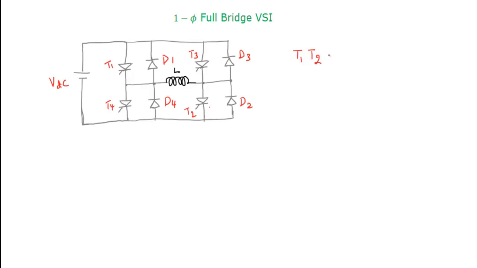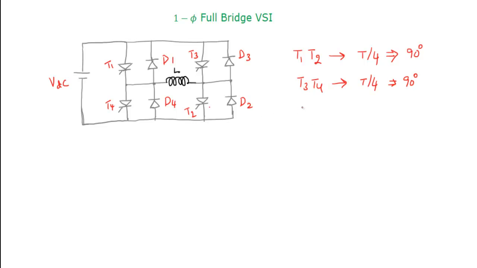These two thyristors will be in conduction for T by 4 seconds, nothing but 90 degrees. Likewise, T3, T4 will be in conduction for negative voltage and negative current for the same time, that means T by 4 seconds, the next 90 degrees.